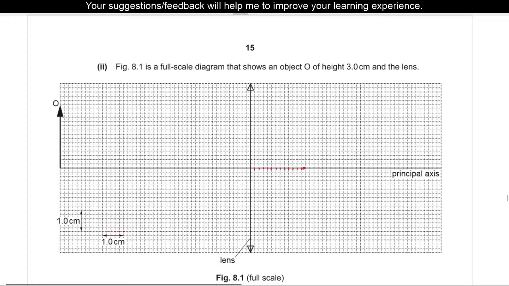Let me erase all these things. Now we have to draw straight lines. We can draw any two straight lines.